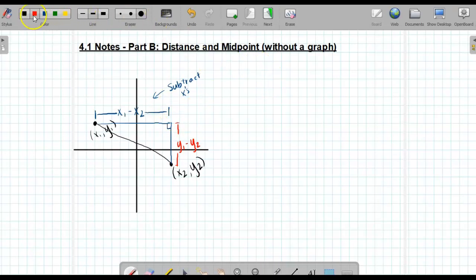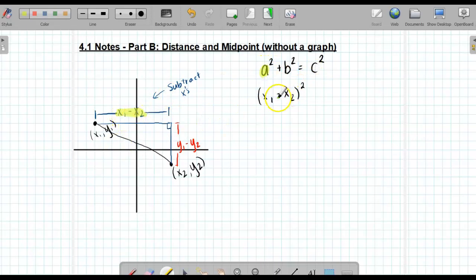So normally we would do a squared plus b squared equals c squared. I'm going to plug in what I've got, which is x1 minus x2 squared. This stuff right here, that's my a.